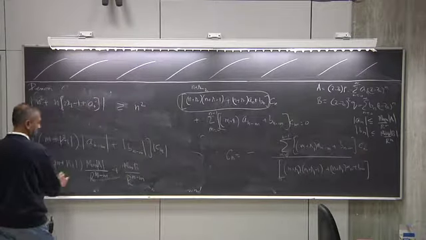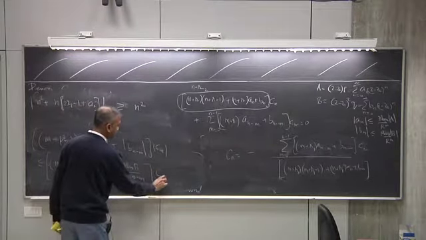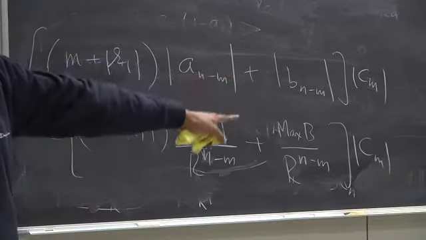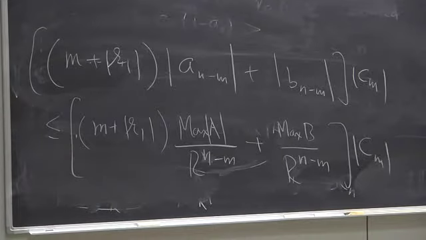This whole thing multiplying cm, right? That is the individual term, but now I have to sum this up from m equal to 0 to n minus 1. So that's the kind of equation we have.